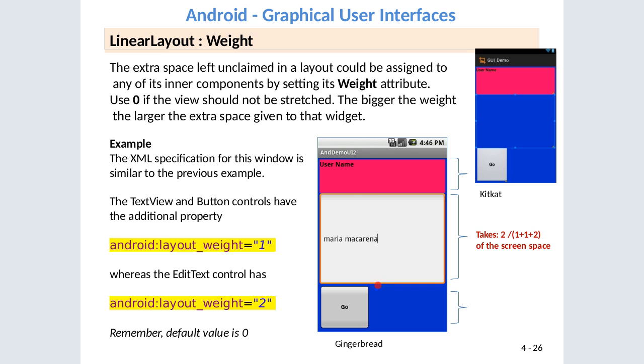If you have two components and one has a weight of 1 and the other one has a weight of 2, and there are three spaces left, then the one with the weight of 1 will take one of the spaces, and the one with 2 will take 2 of the spaces. So the higher the weight, the more the widget is expected to stretch to fill the remaining space.